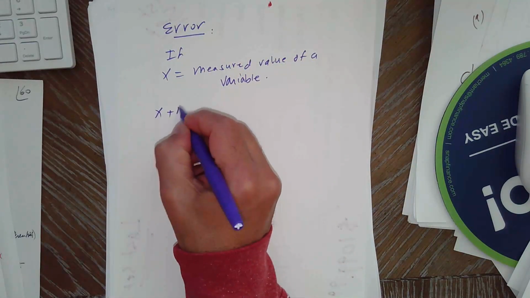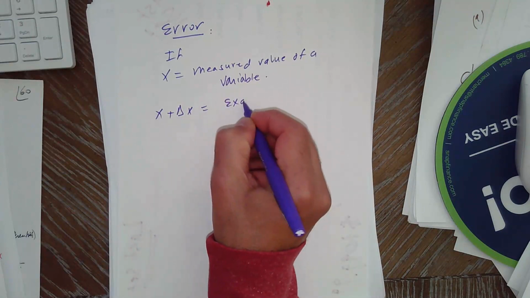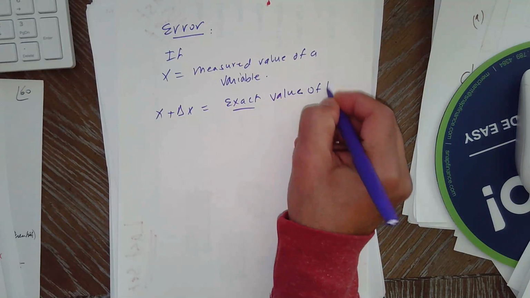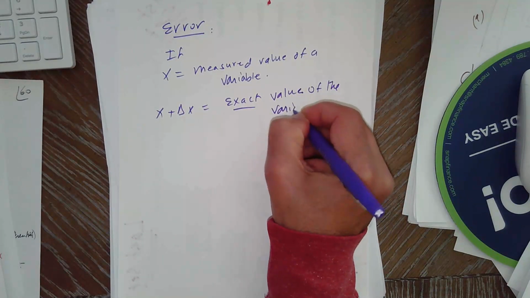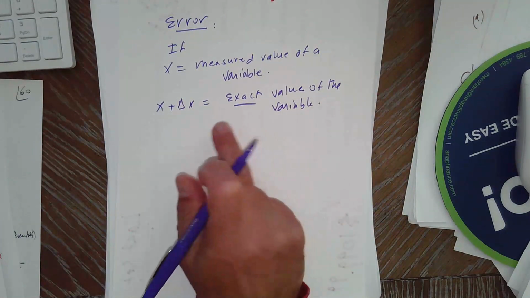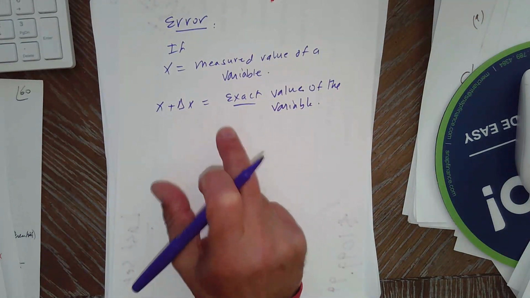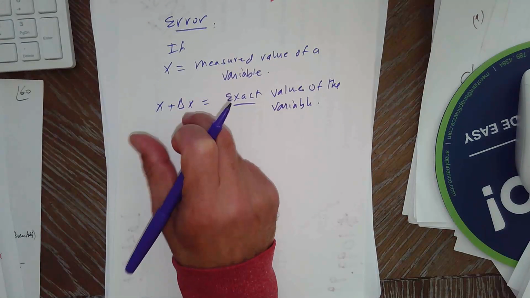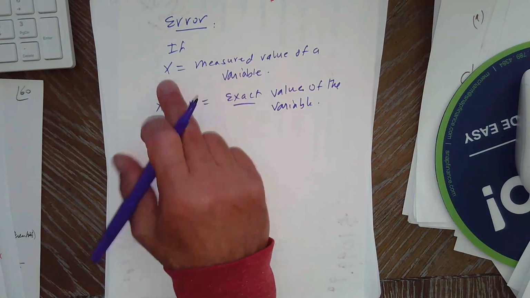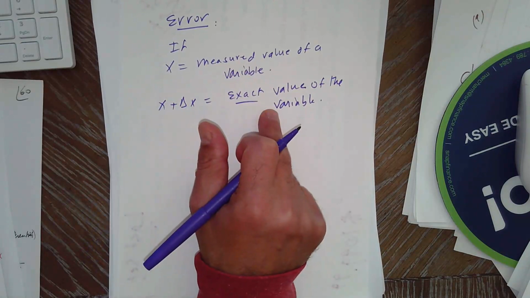X plus delta x is the exact value of the variable. So you look in the paperwork that you got for the desk, and it tells you the exact width should be 50 centimeters, but when you measure it was 50.5. So your measured value, the exact value.